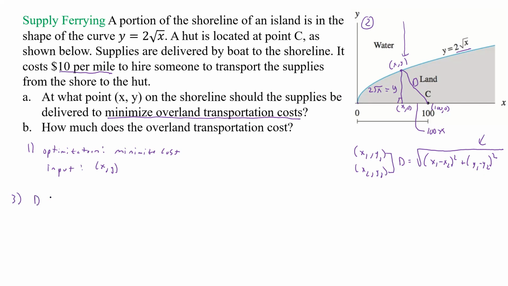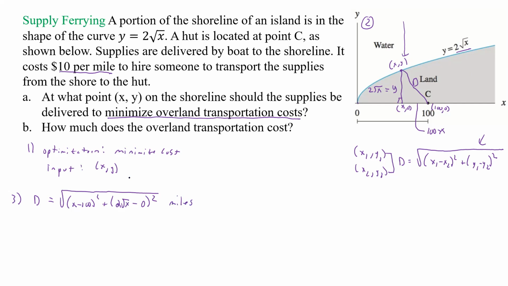So d is equal to the square root of, now we have our points, and we can say that point x minus 100, squared, plus y minus 0. But y is what? We should probably put in that y is 2 radical x, so that way we have everything in terms of x. 2 radical x minus 0, and that's squared. And that distance is in miles, apparently.